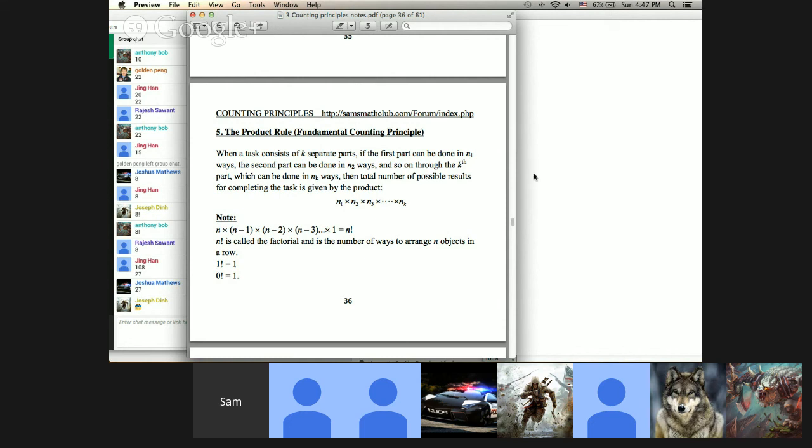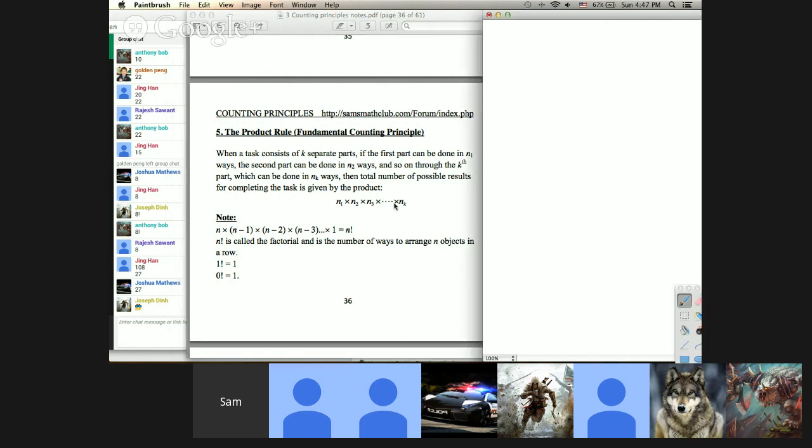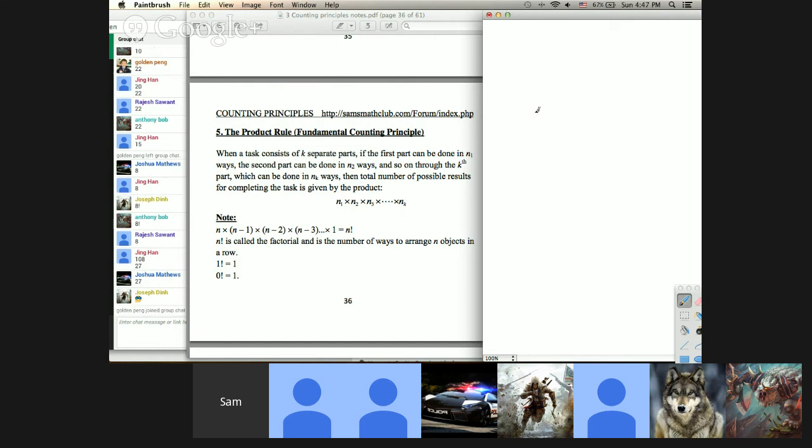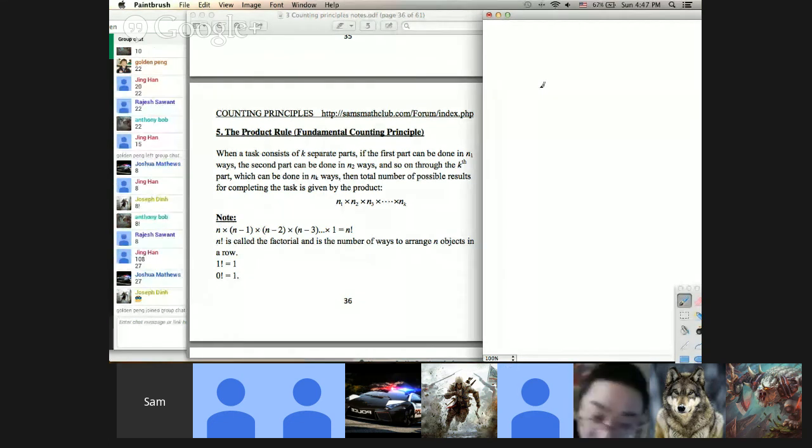I think most of you already know this, but it's like saying if you have 4 different kinds of soups and 2 different kinds of drinks, how many ways are there to have 1 drink and 1 soup? It's just 4 times 2.